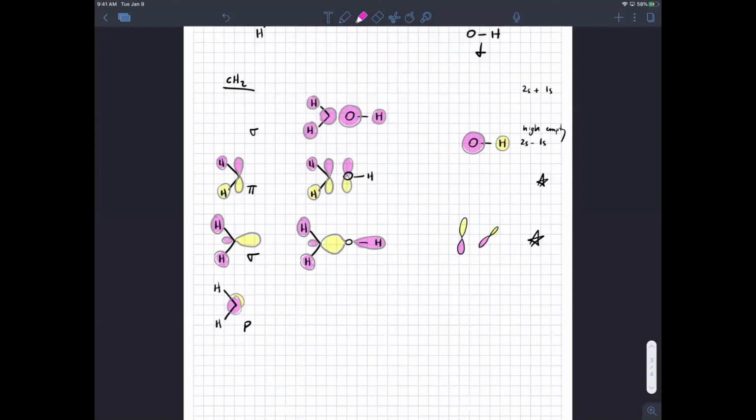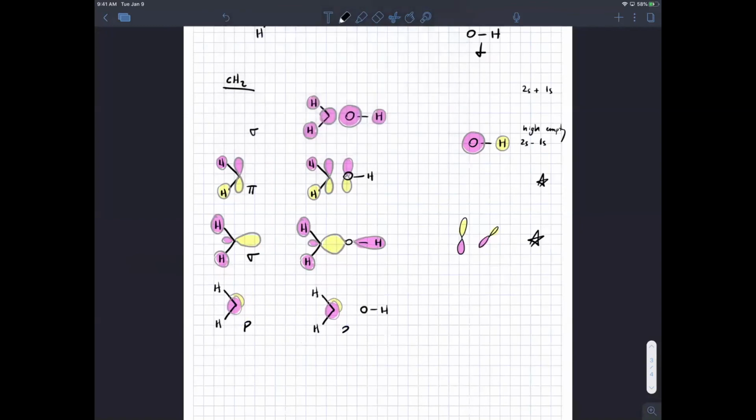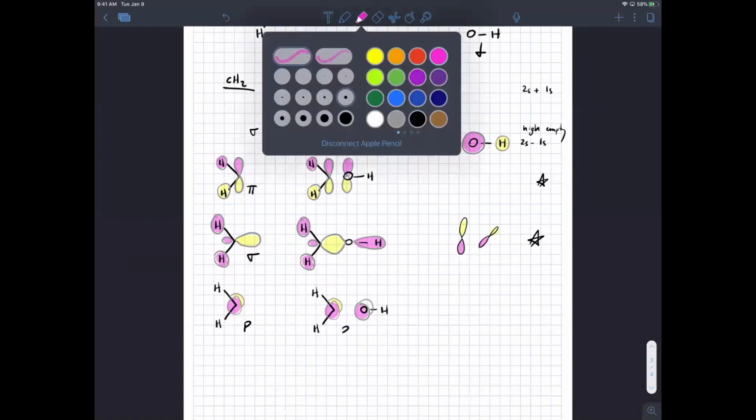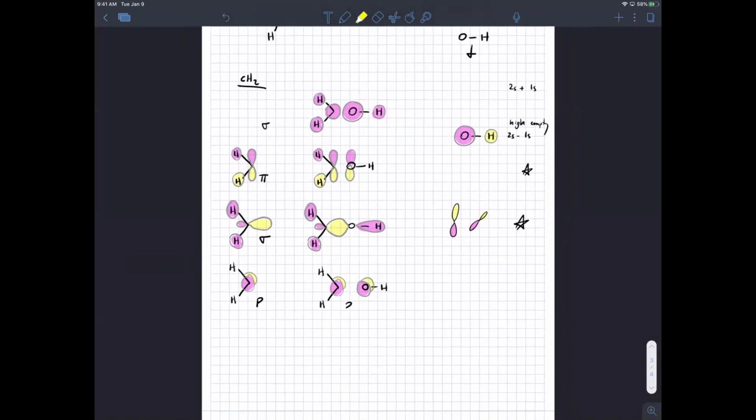And then lastly, I would combine P with the other p orbital on oxygen that has the right symmetry. Okay. And then there would be anti-bonding combinations as well. But let's see what we've got so far.